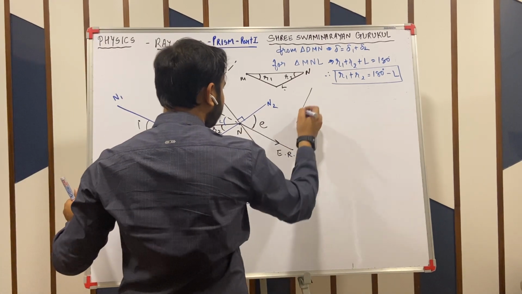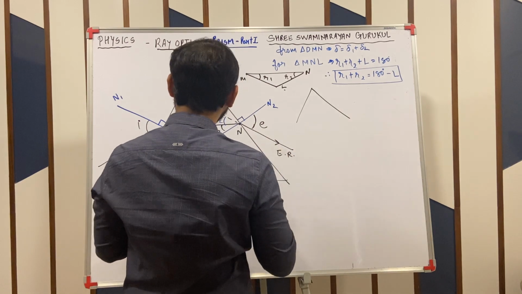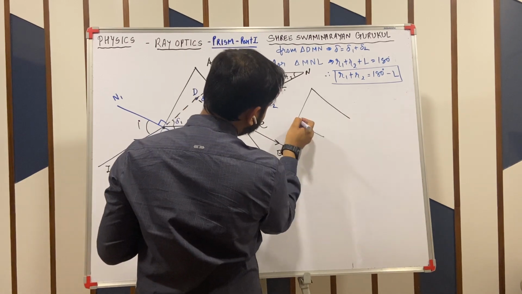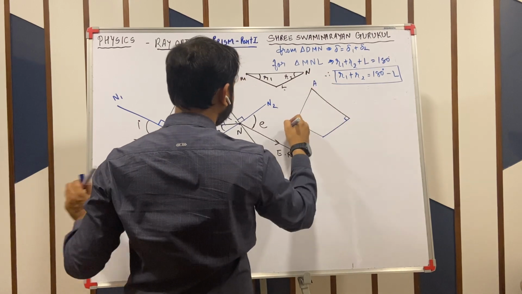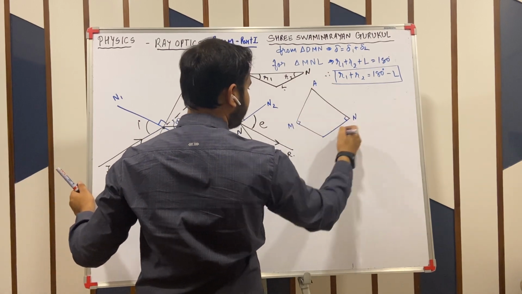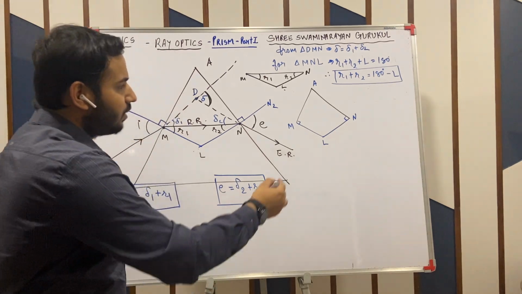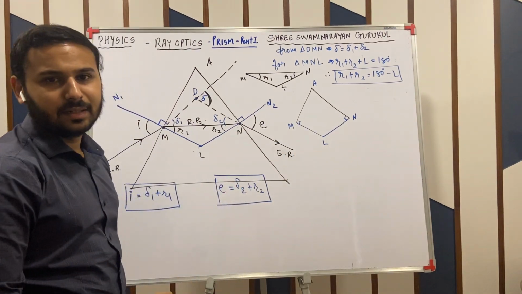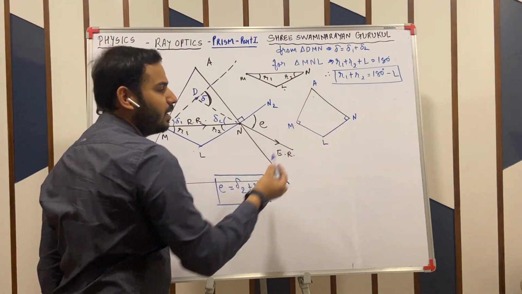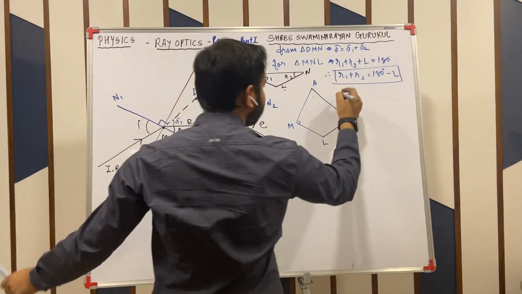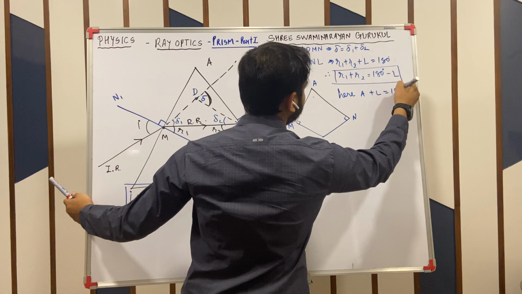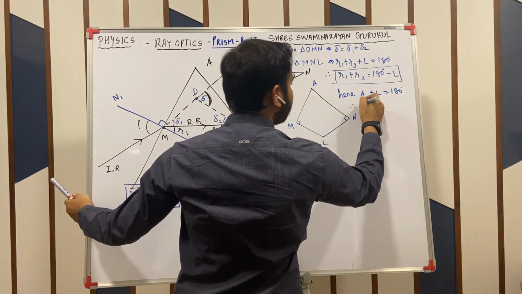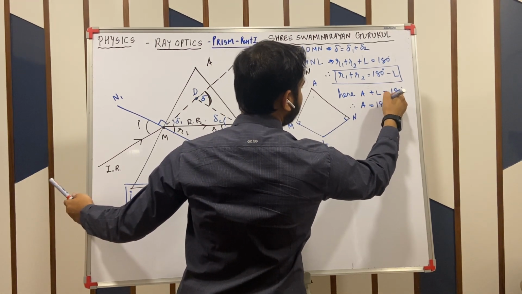Let me draw the quadrilateral. These are the normals. M and L are 90 degrees, so the sum of A and L is 180. Therefore, A is equal to 180 minus L.